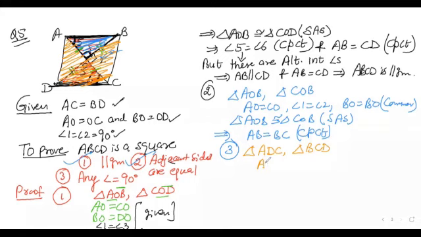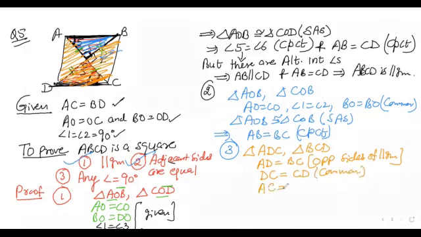So the length AD is equals to BC. These are opposite sides of parallelogram. Second, the length DC is equals to length CD, because this is common. The length AC is equals to length BD, because it is given.